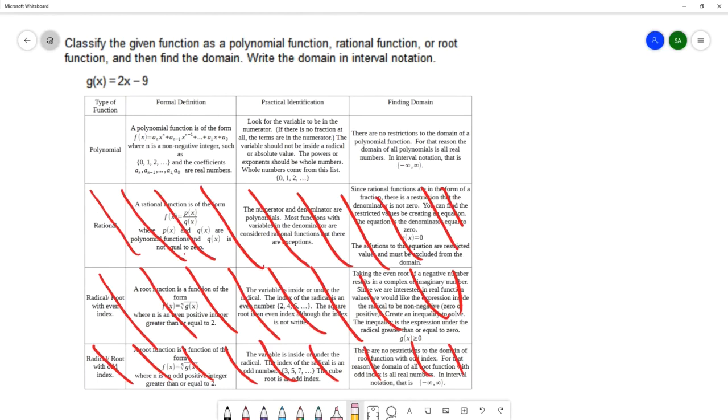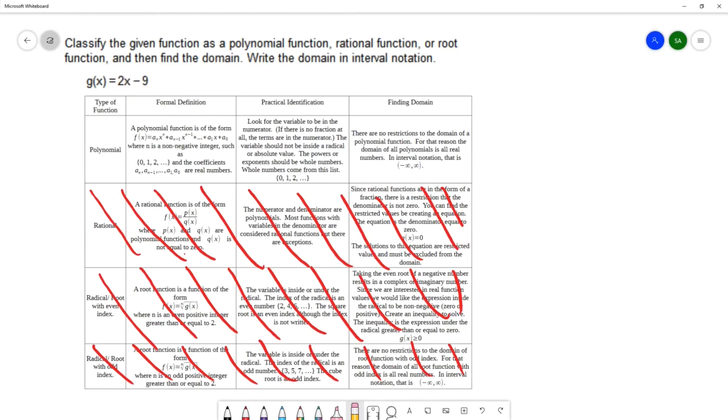So it's easier to identify the other two categories, rational and root. Polynomial is a little bit more detailed. What you're looking for with polynomial functions, if you focus on the variable, is that the variable should be raised to a power that is a nice power.